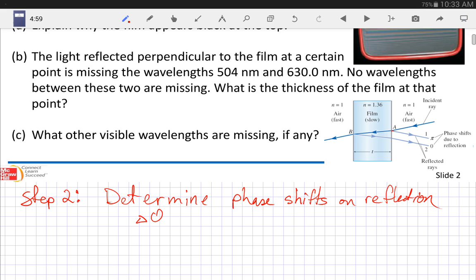So delta phi 1 on reflection and delta phi 2 on reflection are the two things I need to find. Now if I look at the first one, it's going from air reflecting off of my glass. The index of refraction of the film is 1.36, which is just a little above water, so it's based on water.